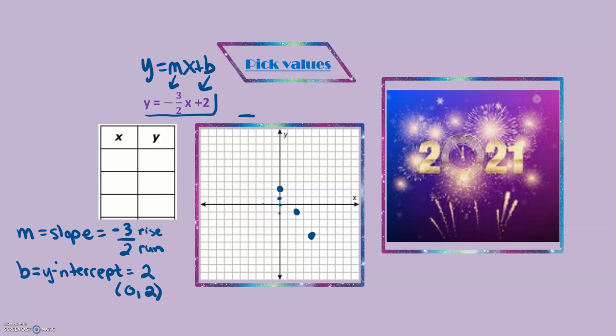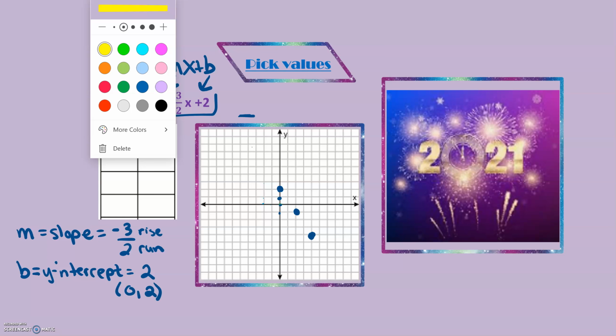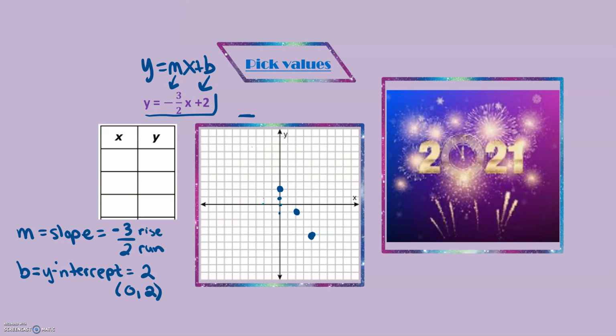If you have an equation where your coefficient is a fraction, it's really easy to pick numbers that are either the denominator's value or a multiple of that denominator's value. That means I can pick 2's or I can pick anything that's divisible by 2. So 2, 4, 6, 8, 10, you get the idea.